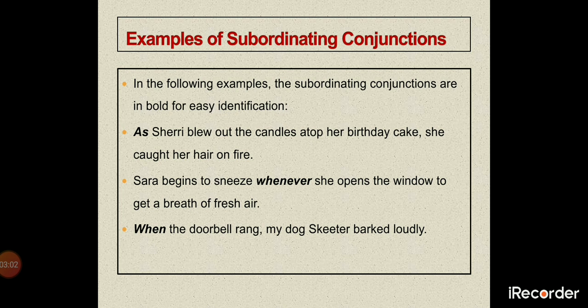Here are a few examples of subordinating conjunctions. As Sherry blew out the candles atop her birthday cake, she caught her hair on fire. Sarah begins to sneeze whenever she opens the window to get a breath of fresh air. When the doorbell rang, my dog Skeeter barked loudly.